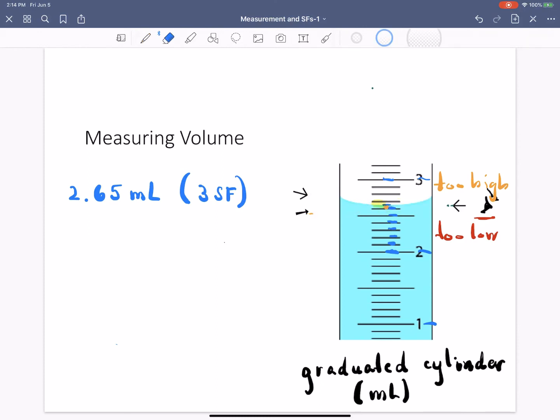So it's important when we finally get to the lab someday that when we make our observations, we are on eye level with the meniscus so that we get an accurate measurement.